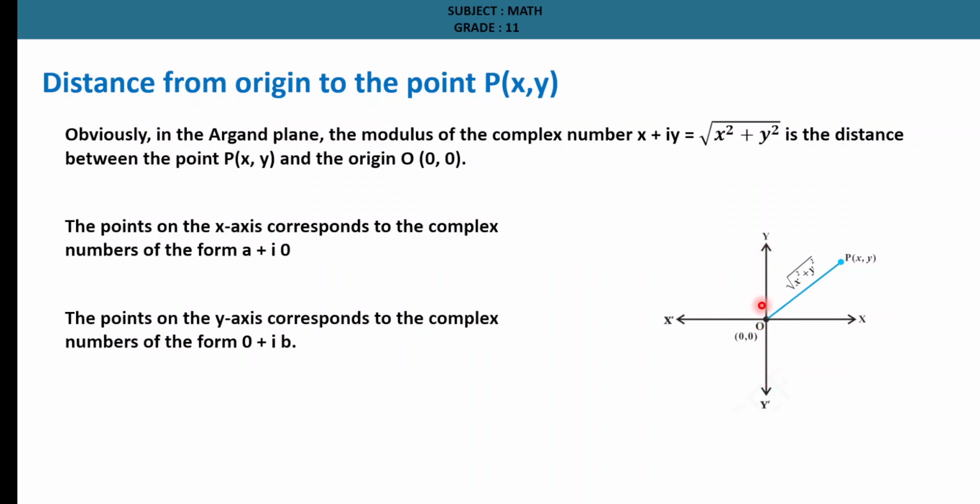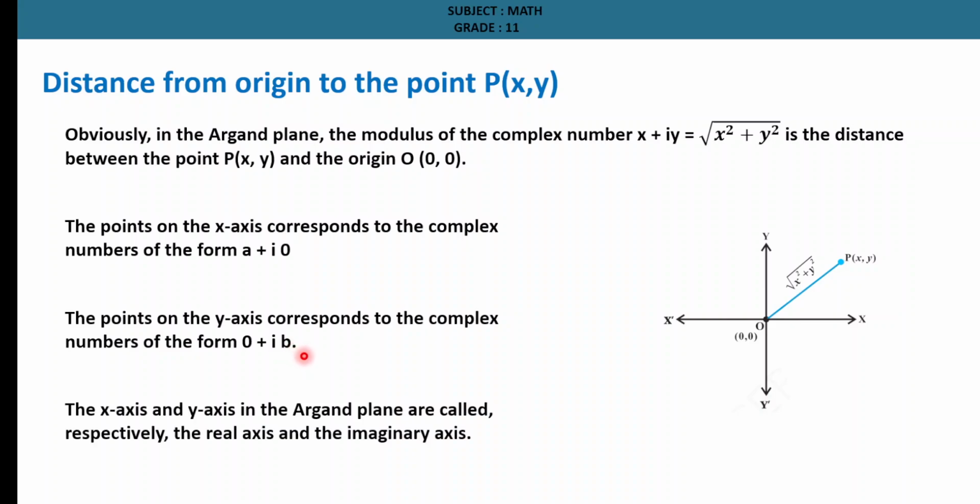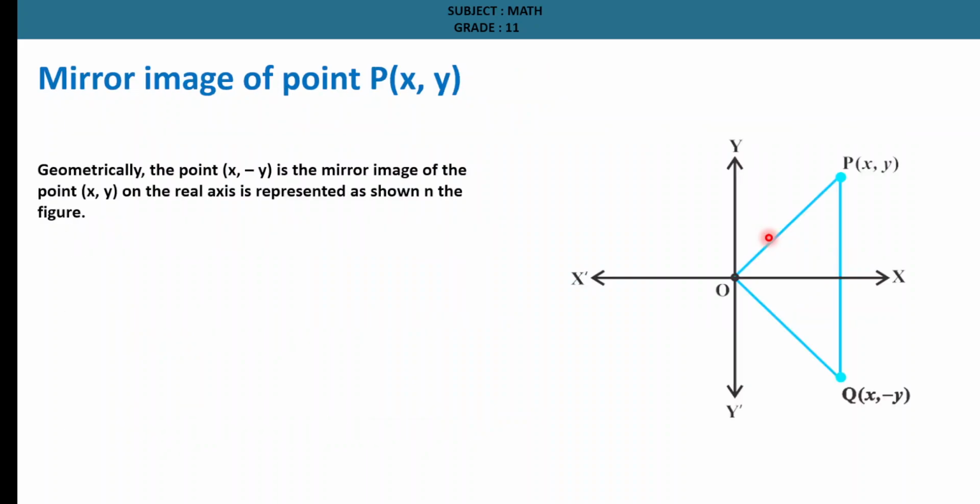We get only imaginary values on the y-axis, thus we write it as 0 plus ib. So the x-axis we call the real axis and the y-axis we call the imaginary axis.